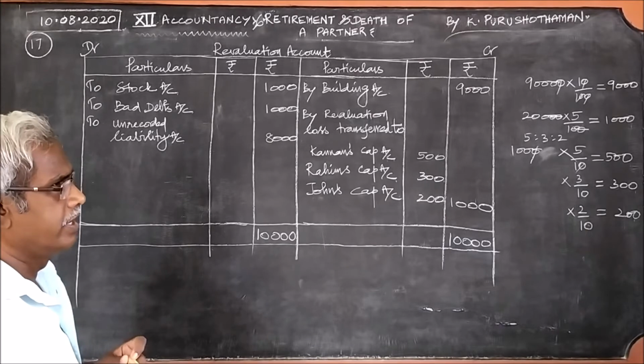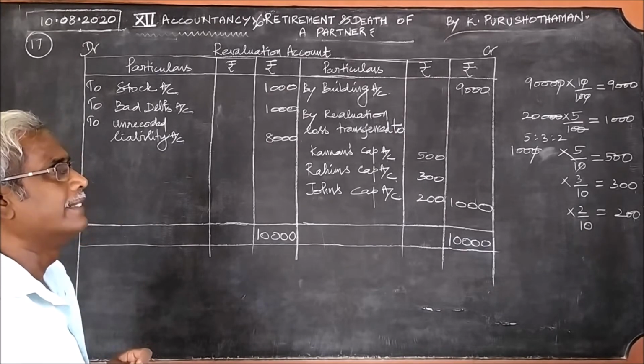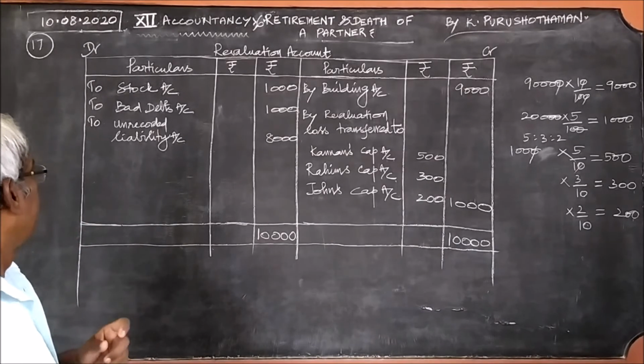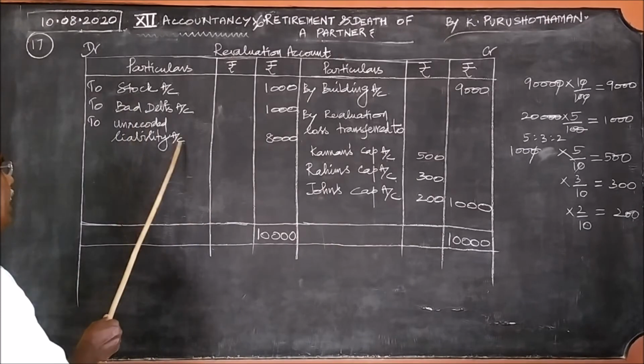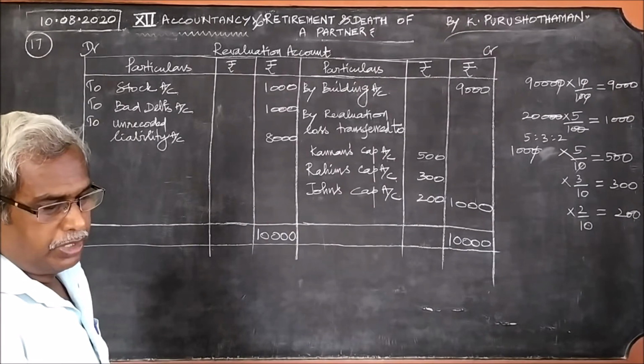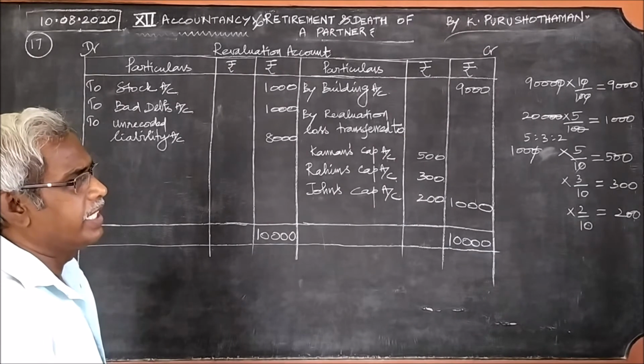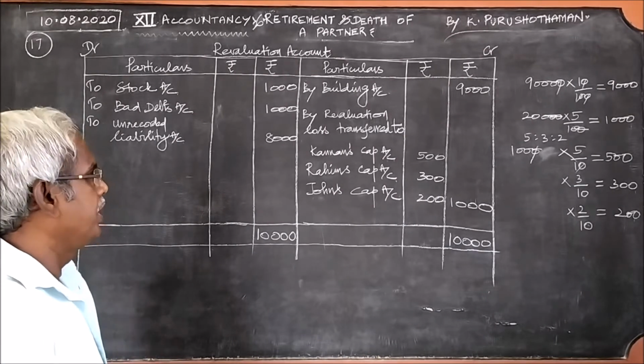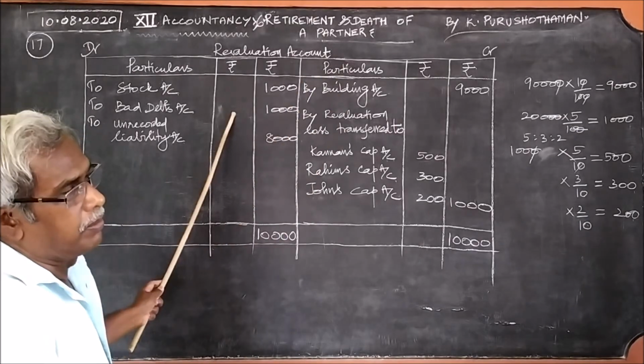So it is again a loss item, therefore to unrecorded liability account it is 8,000. And the fifth item should appear in the capital account and balance sheet only, not in this problem.